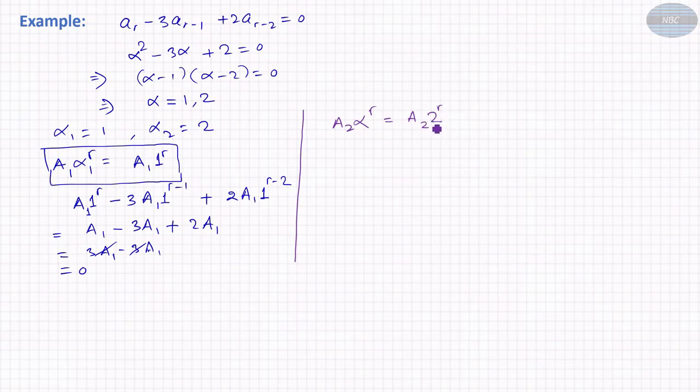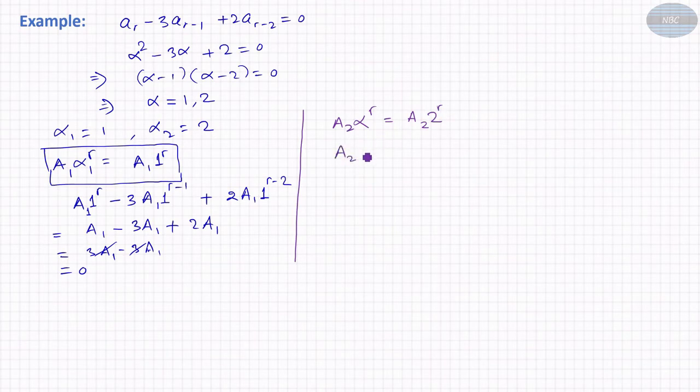Okay, now let us put the homogeneous solution a2 alpha to the power r, that is equal to a2 2 to the power r, in this particular recurrence relation, and check whether it satisfies or not. So in place of ar, we'll use a2 2 to the power r.